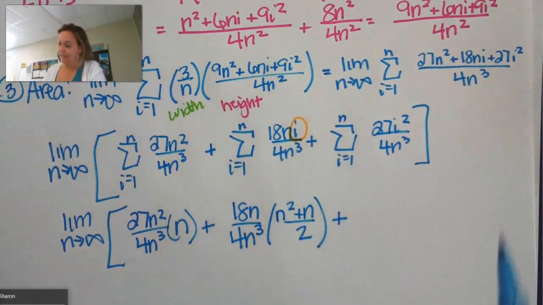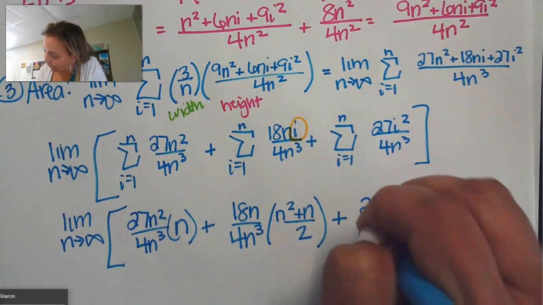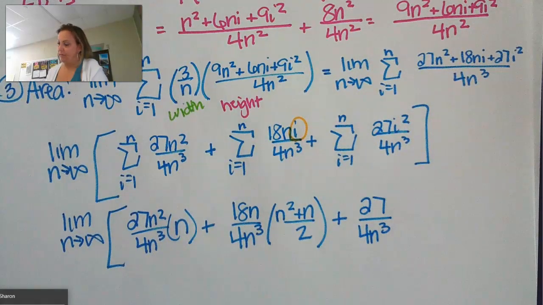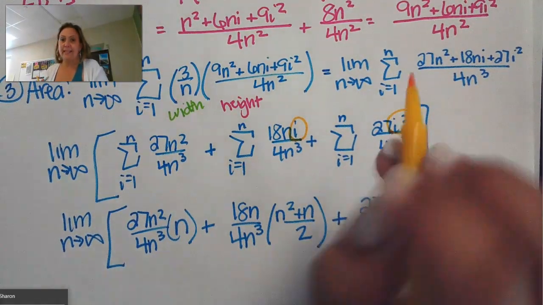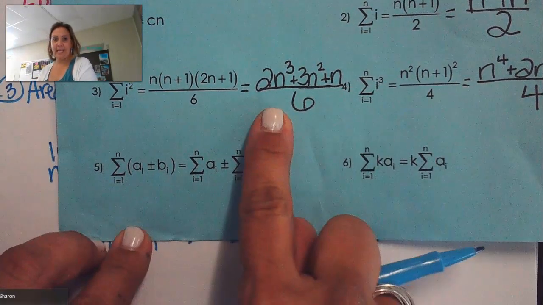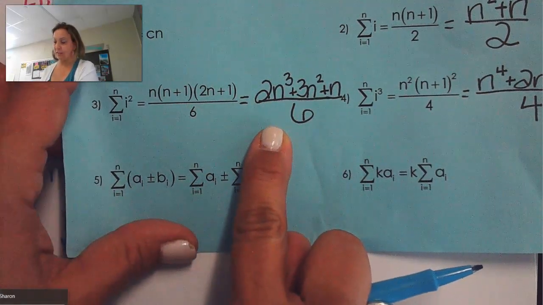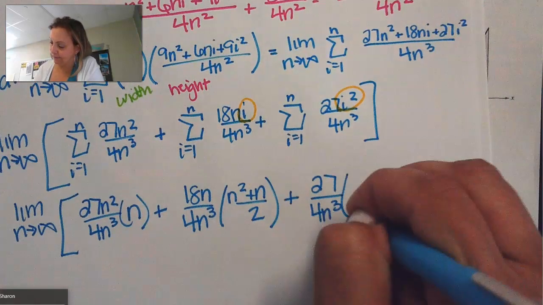Next, we'll pull out another constant. That constant here is 27 over 4n cubed. And now I need to take the sum of i squared from 1 to n. And the sum of i squared from 1 to n is going to be this, 2n cubed plus 3n squared plus n.